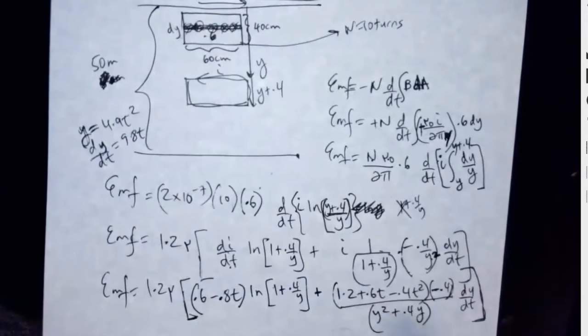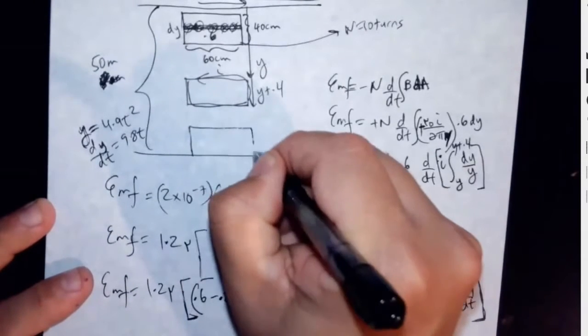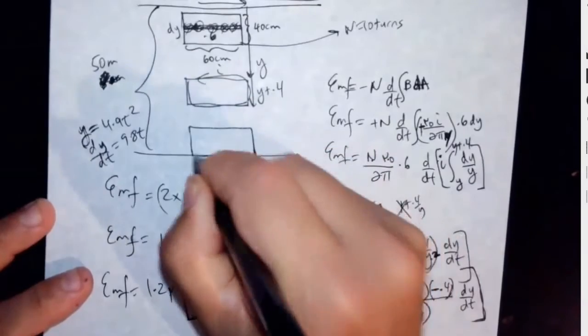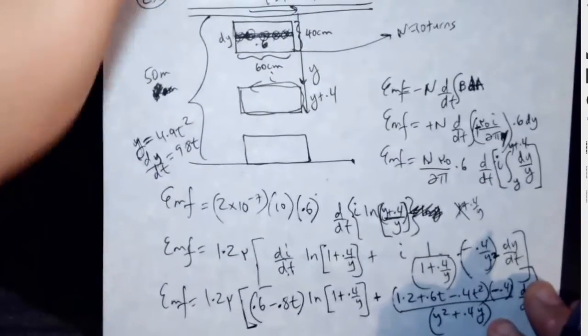So again, we can answer any questions such as, at any given time, what is the EMF induced, or when it hits the ground, what is the EMF? Let's do the ground one. When it hits the ground, what is the EMF induced at that instant? So what will y be?